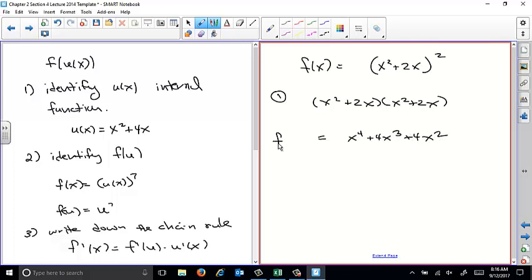So all I'm doing is just rewriting it. I'm not taking the derivative. And then I could take the derivative, f prime of x equals 4x cubed plus 12x squared plus 4x. All I did there was use algebra to make it into a polynomial, which then I could take the derivative directly.